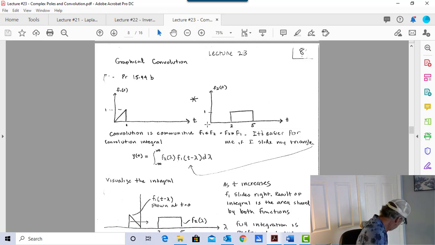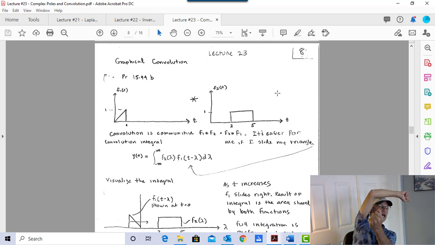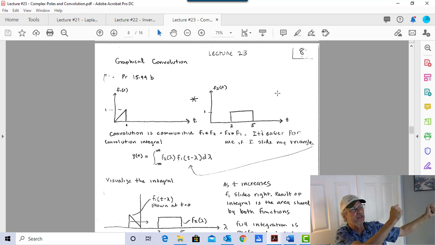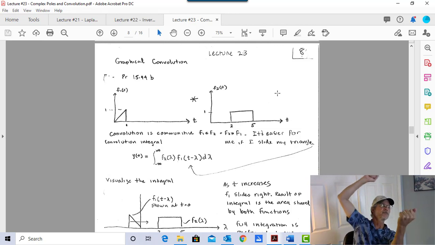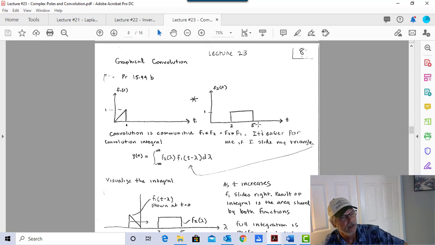And that is going to explain to us why we reflect before we convolve. We're not going to put the last note in first. We're going to reflect it, and then we're going to put the first note in first.